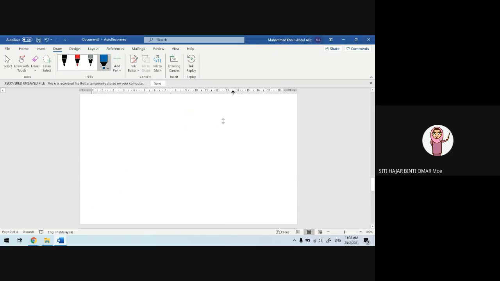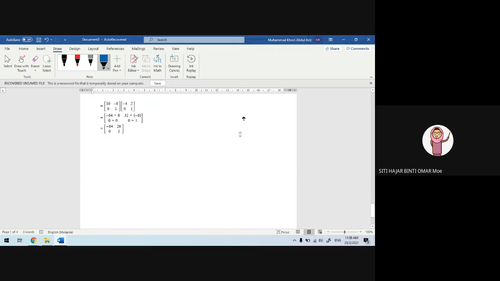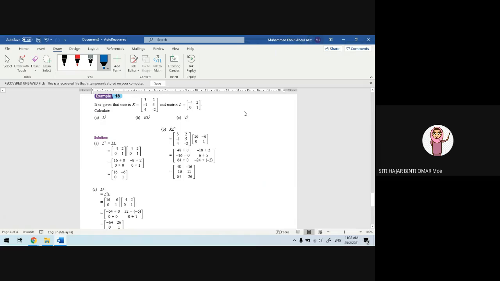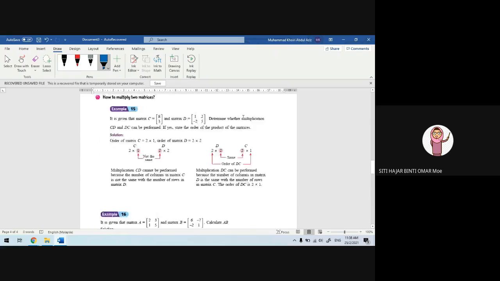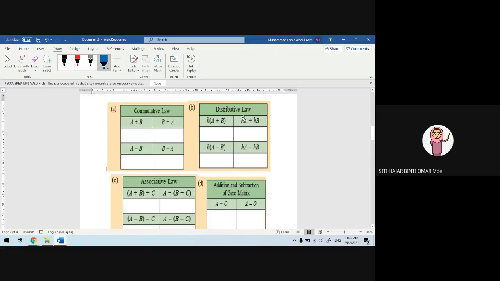Commutative law, we check your answer together. So after you calculate, we get the answer for this one: negative 2, 10, 11, and 19.